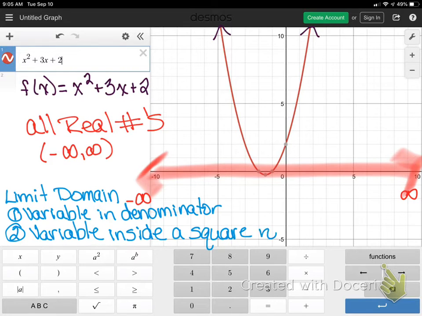Those are the two times that you are going to have to limit your domain in this class.